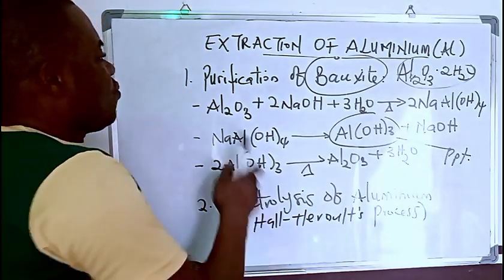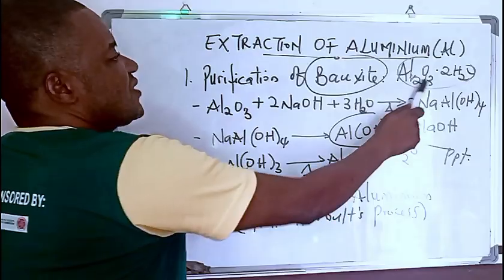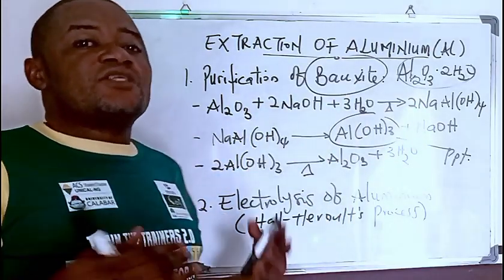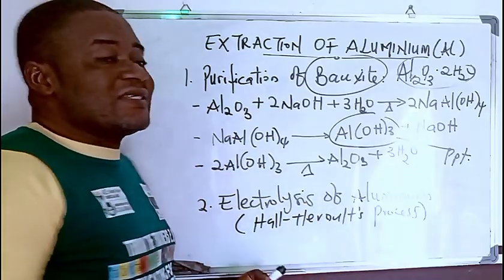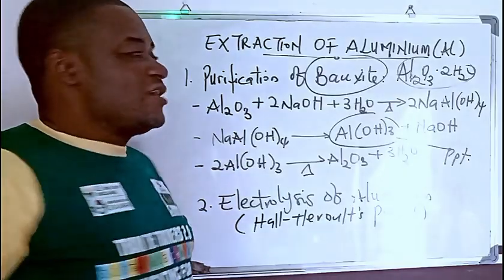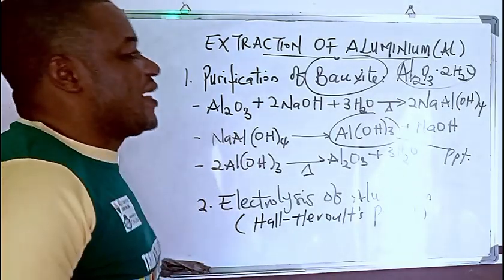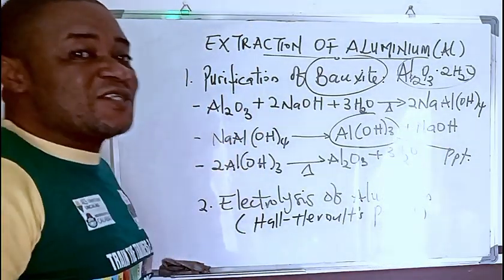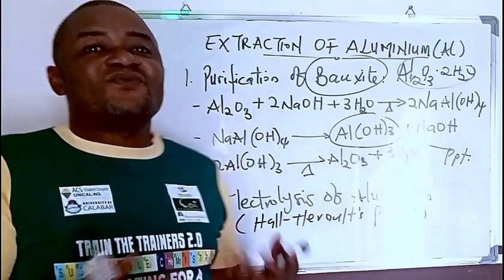So once you take the bauxite, which is a hydrated aluminum oxide, and dissolve it in sodium hydroxide solution, you add some amount of water, and then you heat gently, you are going to obtain what you call sodium aluminate.